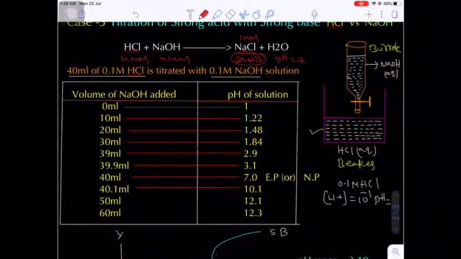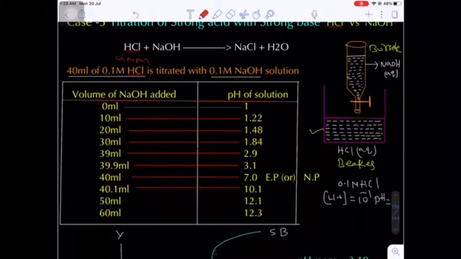Now after 40 ml, if you add just 0.1 ml more, then 40.1 ml of NaOH is added. That means NaOH will be in excess and HCl will be the limiting reagent. HCl will be 4 millimoles, but NaOH you have 4.01 millimoles.